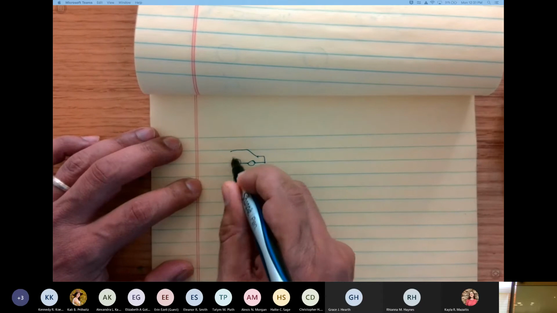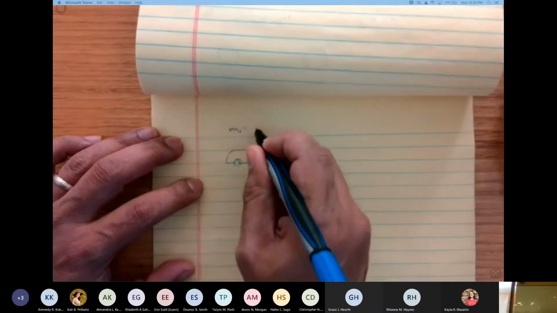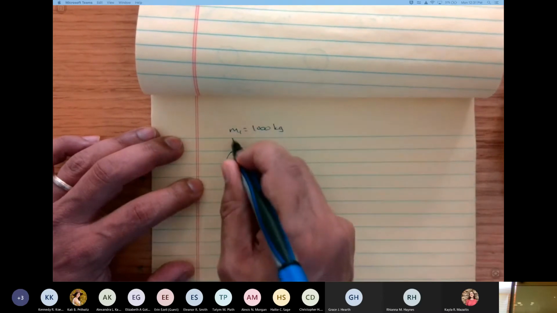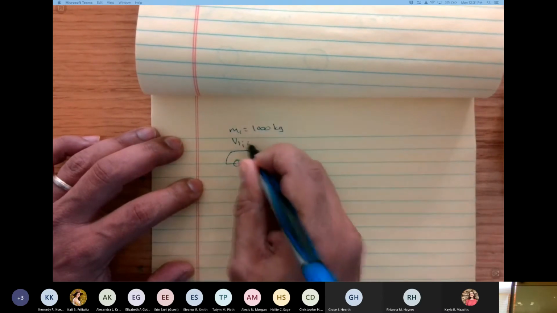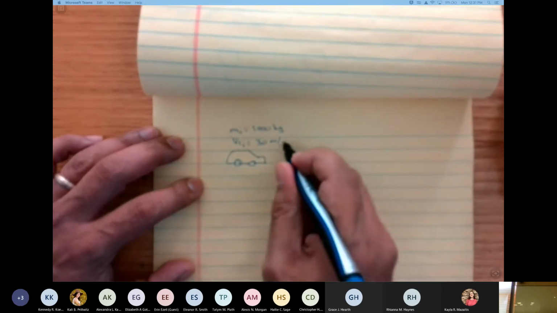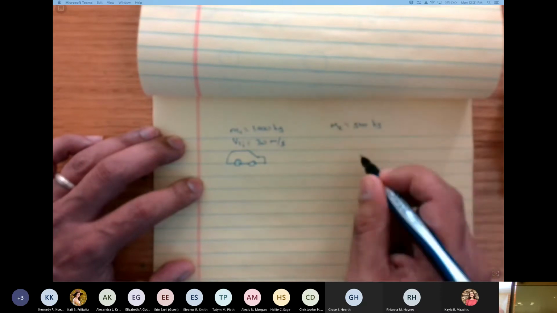Car 1 is going to have a mass of 1,000 kilograms and an initial velocity of 30 meters per second. Mass 2 is going to be 500 kilograms. It's a smaller car.